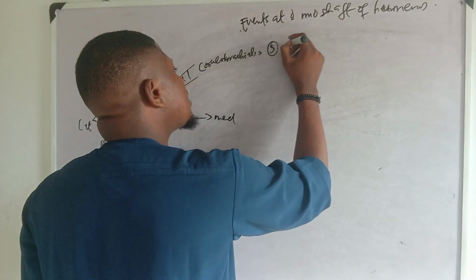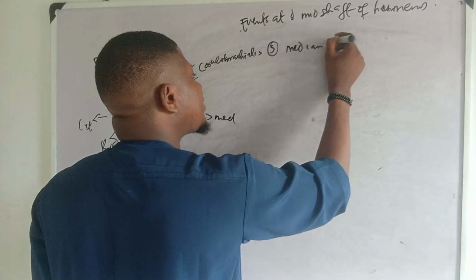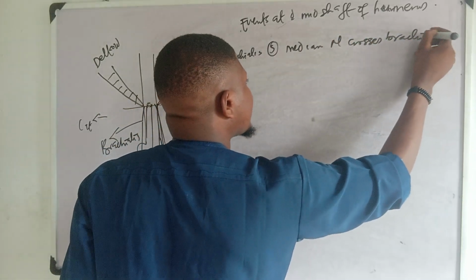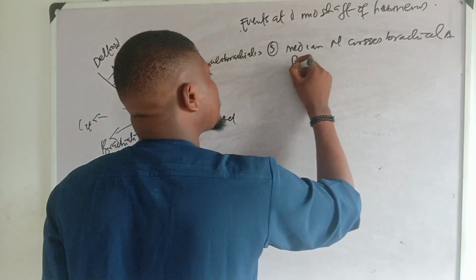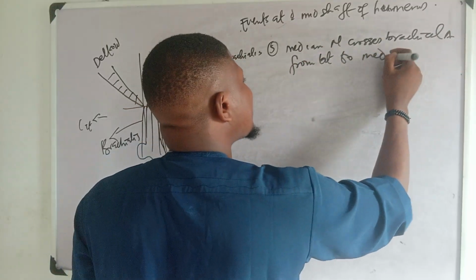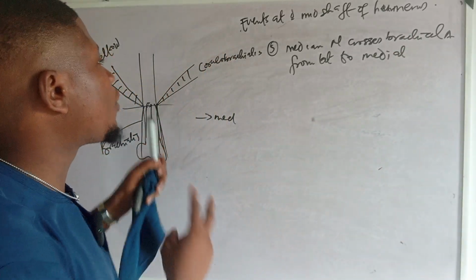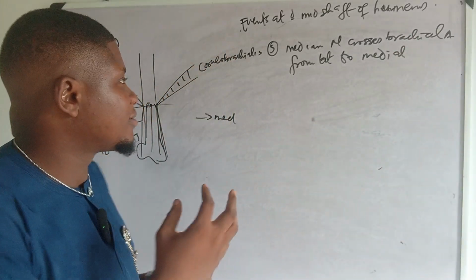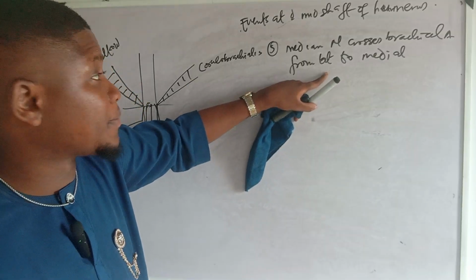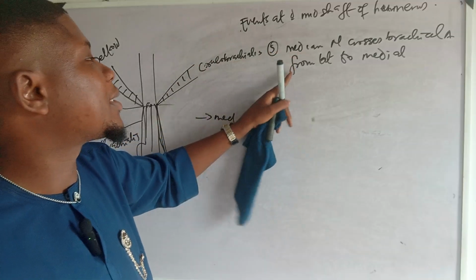Then the fifth one is one of the most important. We say that the median nerve crosses the brachial artery from lateral to medial. This is the most important event here. Before, when the median nerve was coming down, it was at the lateral aspect of the brachial artery.